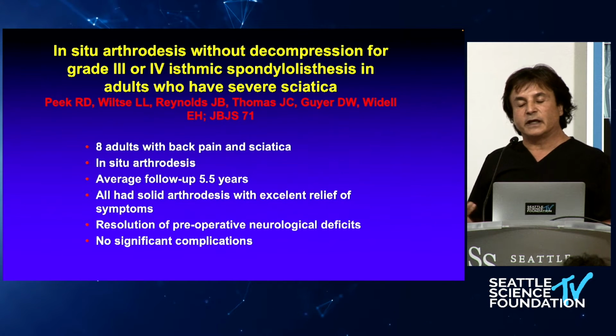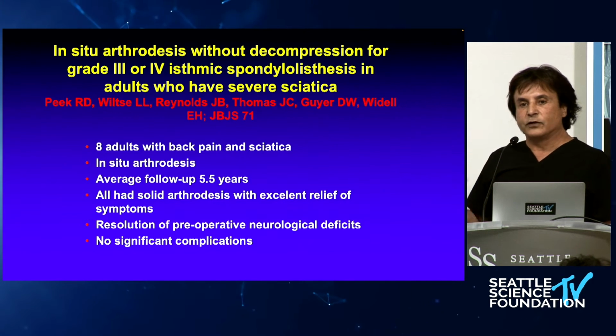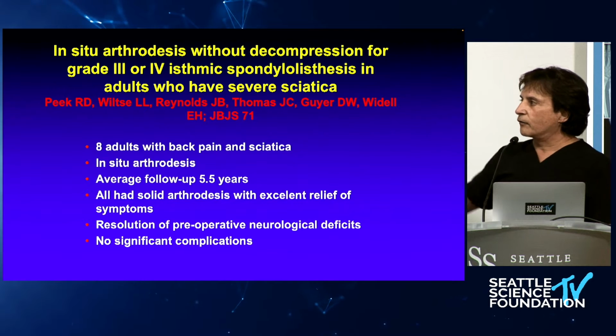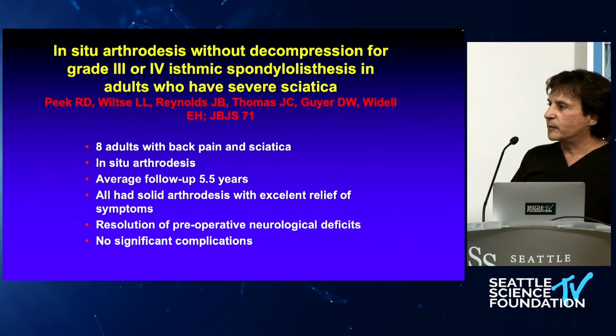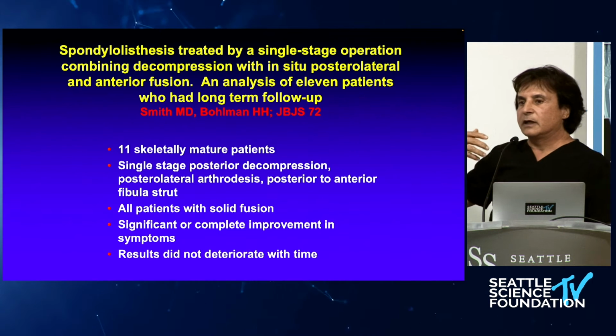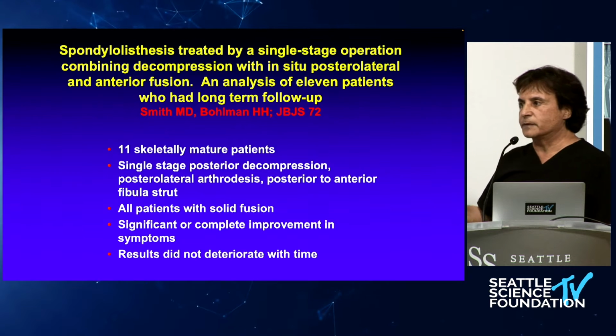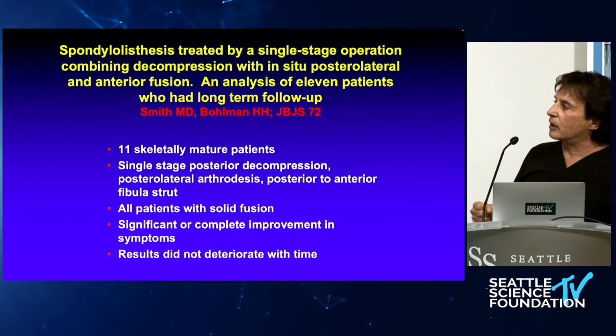He basically theorized that by fusing, you decrease the motion, and you get decreased spasm of the hamstrings, and therefore excellent relief of the symptoms. He showed that, but nothing in improving the spinopelvic relationships, yet had significant outcomes.